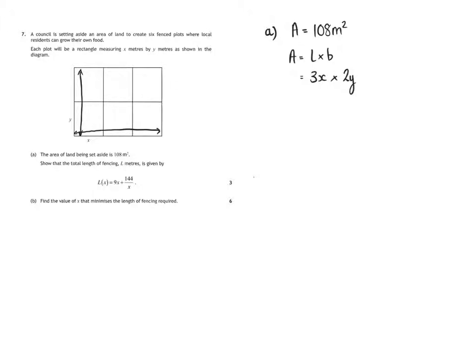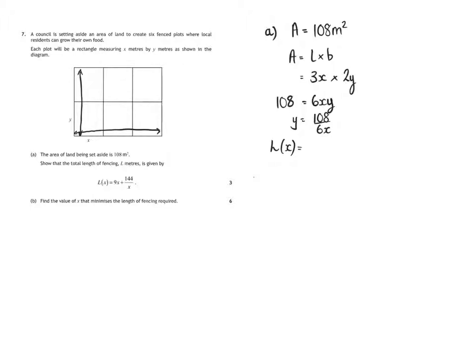Okay, so that would be 6xy. So we're going to have 108 equals 6xy, right? So, also what we're trying to find is the length in terms of x. So we don't want y in terms of our length, so we'll find y is equal to 108 divided by 6x.